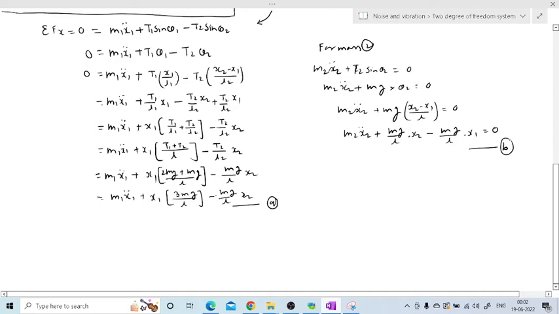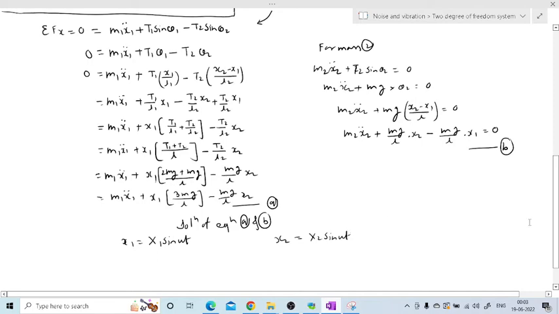Now we have the two differential equations. The first one m1 x1 double dot plus this term, and the second one m2 x2 double dot plus this one. Now the solution of equation A and B, as both the equations are differential equations, I'll write x1 will be equal to x1 sin omega t and x2 will be equal to x2 sin omega t.